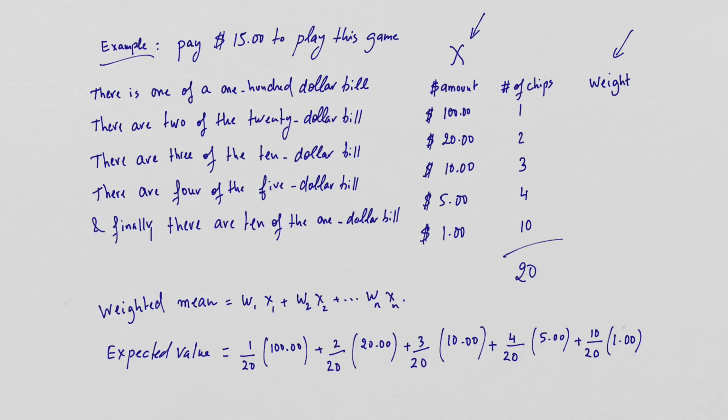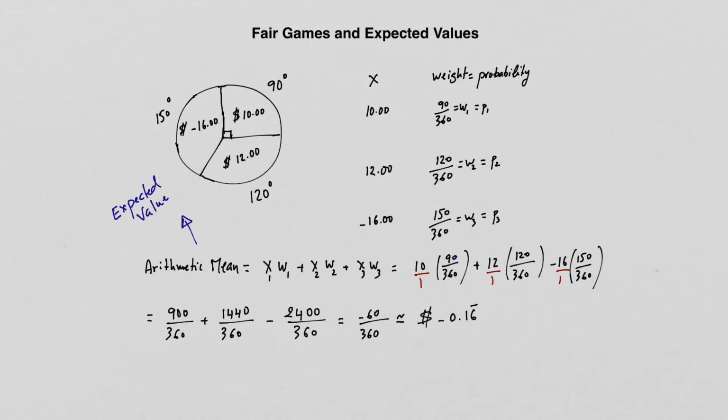You may wonder, why do we have this middle column? It is because I don't have just 100, 20, 10, 5, 1. I have a different configuration of each. Just like here, I only have one angle of 90, one angle of 150, one angle of 120, and therefore there was no need to create a column in the middle.